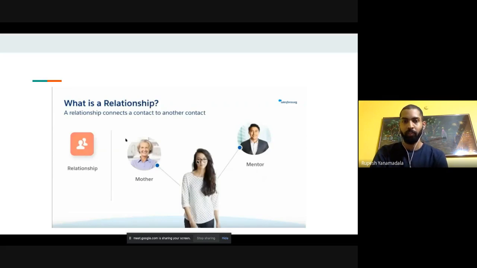Through these relationships they identify what relationship is between me and my father. Generally, we save contacts through names, right? So this relationship establishes how they are related to one another. They might be friends, family members, or colleagues. It can be anything.